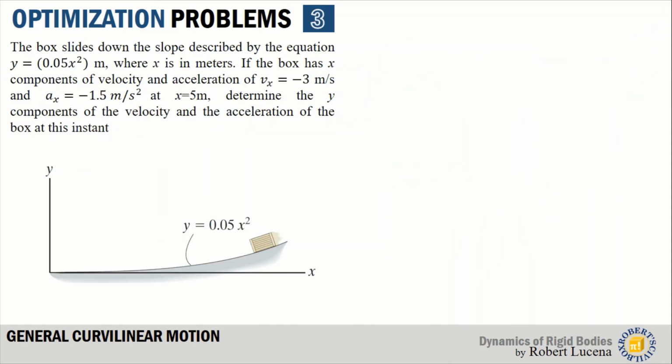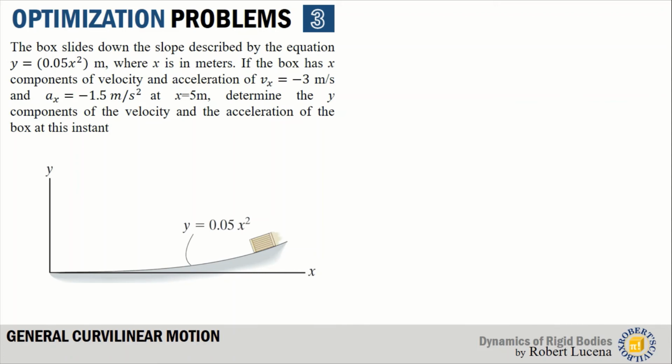Now let's have the third problem. The box slides down the slope described by the equation y is equal to 0.05 x squared, in terms of meter, where x is in meters.